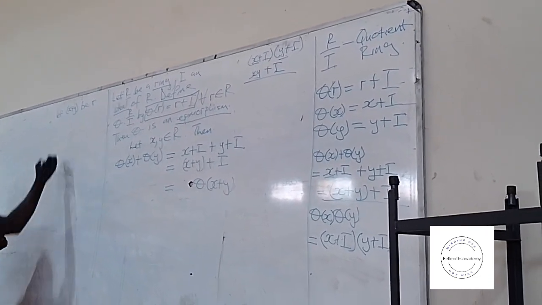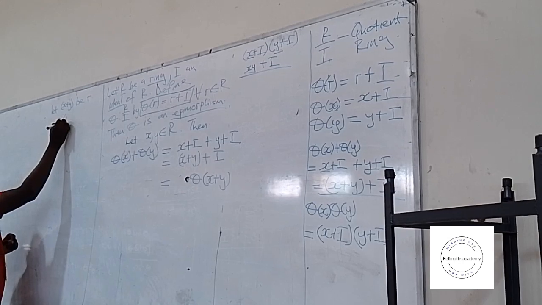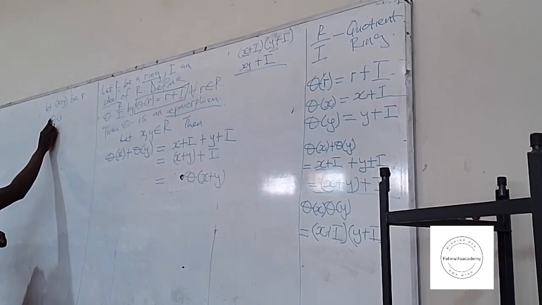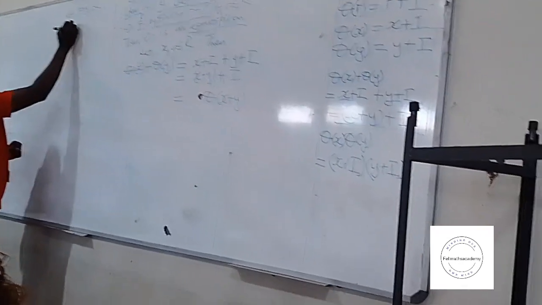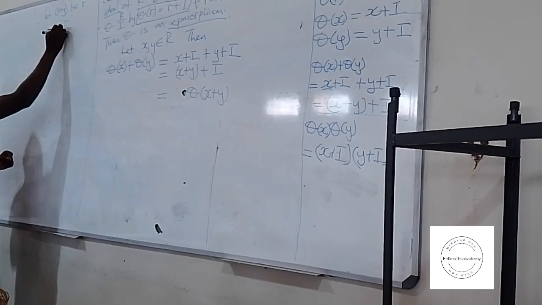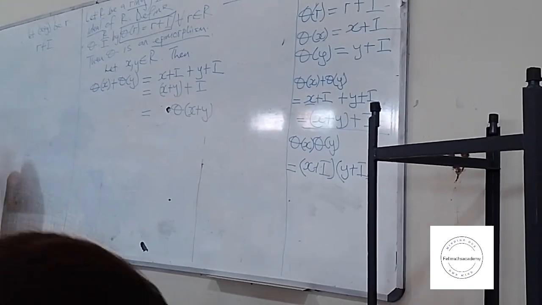So if we have theta r, we have r plus I.